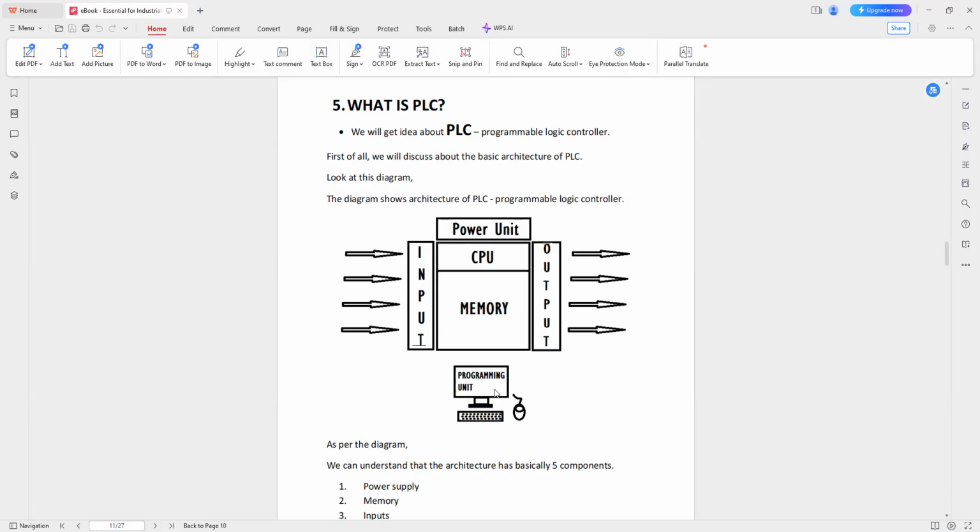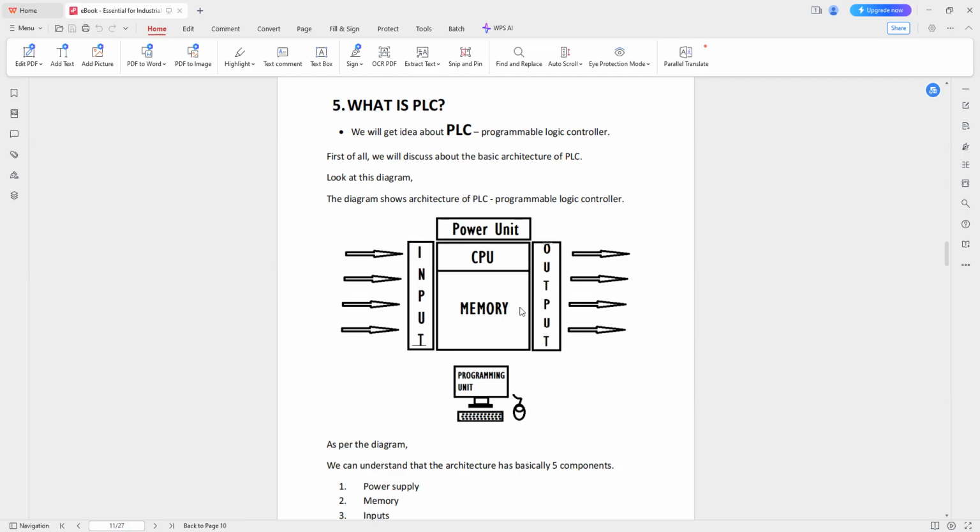Input, output, we understood. Power unit is to get the power on the PLC. Important: sometimes CPU and PLC, these two words are used interchangeably in our industry. Whatever program you have written inside your programming unit or laptop can be downloaded into the program memory.